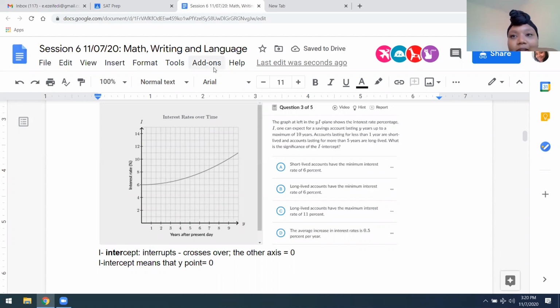What value is it? 6, yes. Thank you, Malachi. So our line intercepts the I-axis at 6, right at 6. It has no value from the Y-axis.